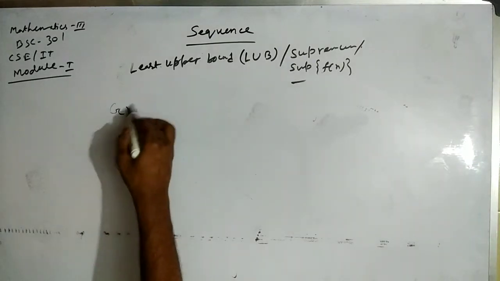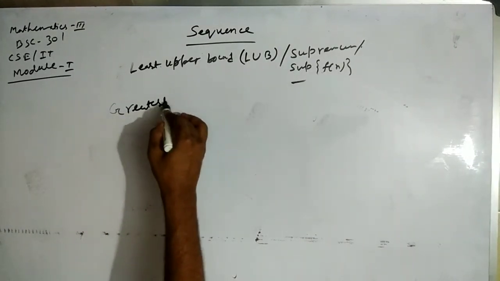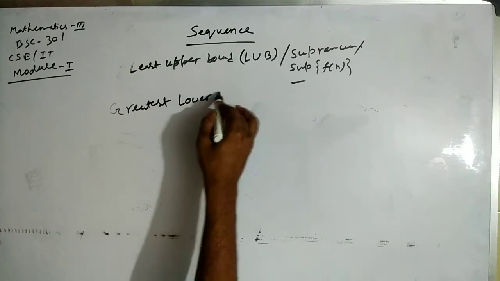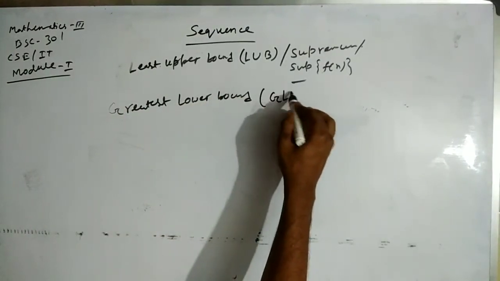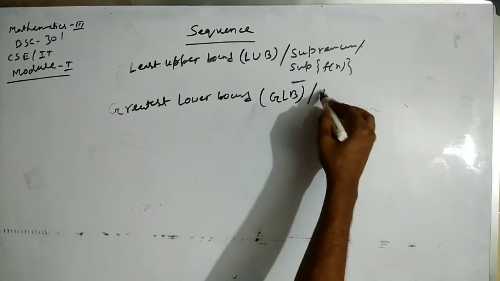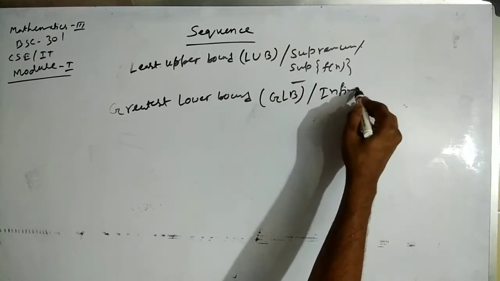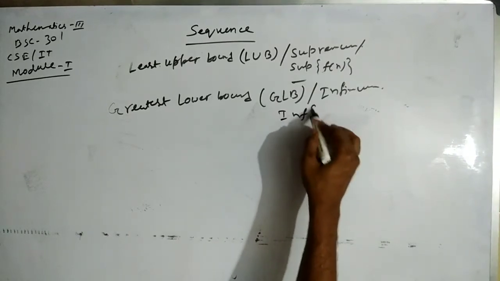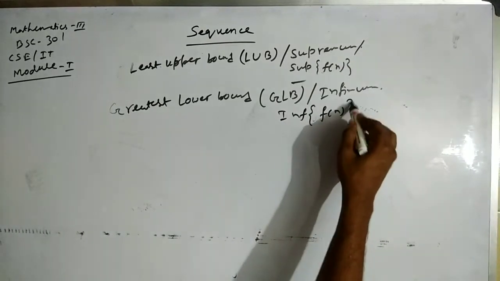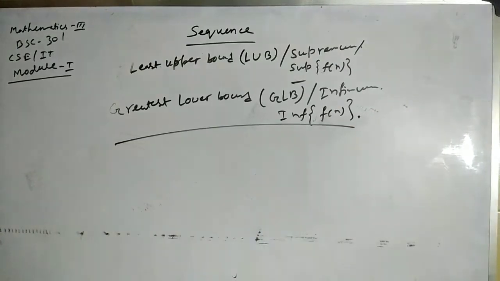It is denoted by GLB or infimum. It is also called infimum and denoted by INF of Fn. Okay, so now I will write the definition of this greatest lower bound.